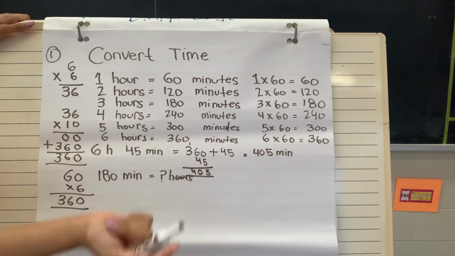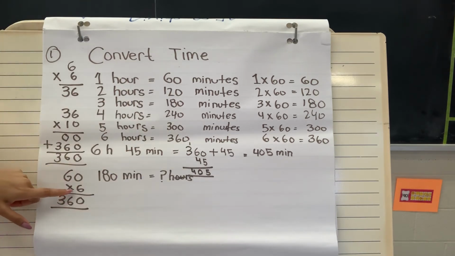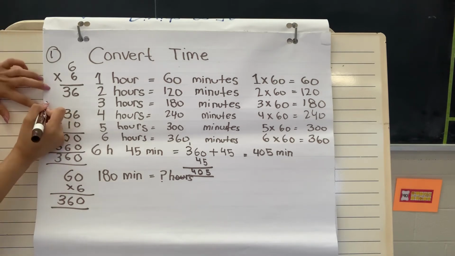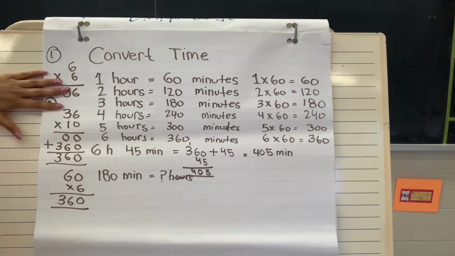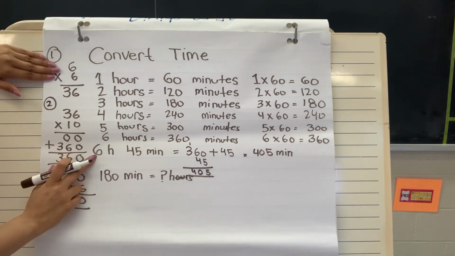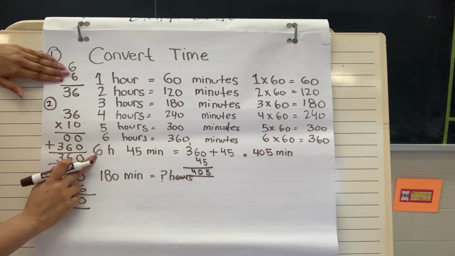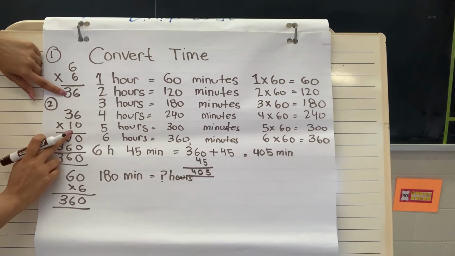If I just need to multiply 6 by 3, I can simply do that, right? Instead of doing it all the way to 60. So that's why I would suggest that you stick to the first method, which is you first multiply your hours by 6, then you multiply the answer by 10.